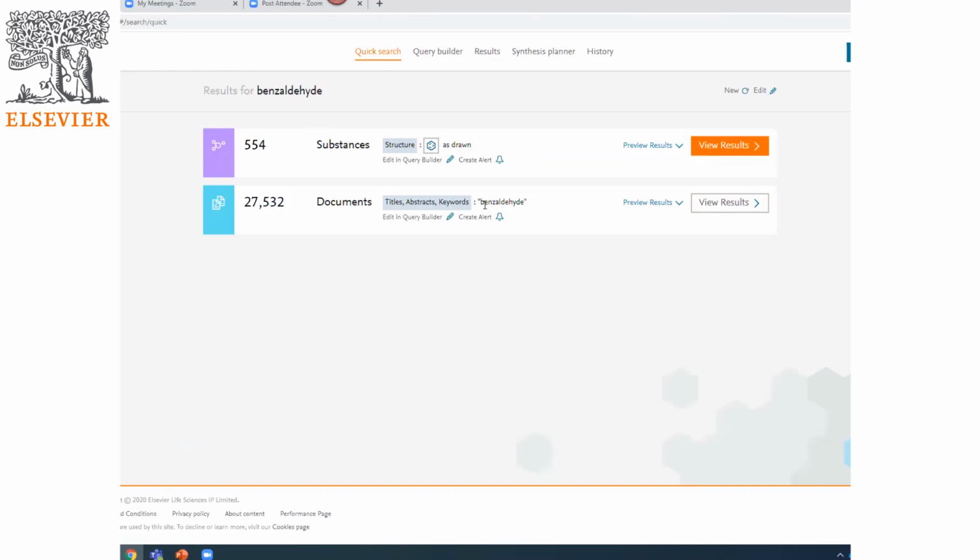Interesting, but this word is even used more rarely. As I remember, it was around 100,000 documents connected to the structure benzaldehyde, but over there we see only 27,000 documents. So it's different.